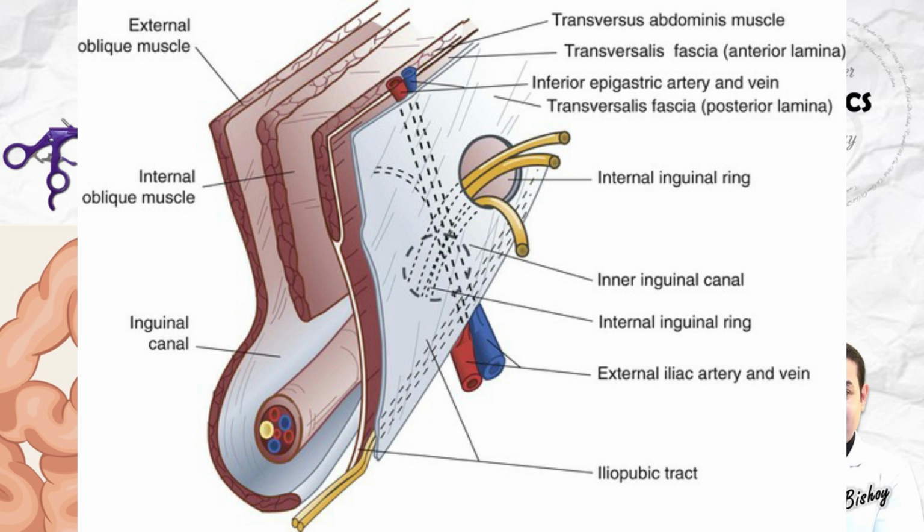The problem is not the canal, it's the patent processus vaginalis. There is a sac, which is the problem. When you cut the sac, you solve the problem in children. But in adults, it's mostly due to a defect within the fascia transversalis at the internal ring. That's why in adults we do a hernioplasty with a mesh, but in children we do only a herniotomy.